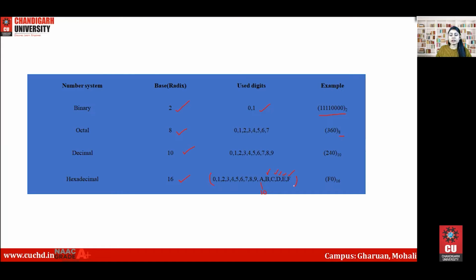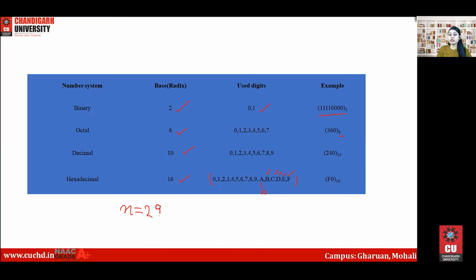Now let's understand how you can convert a number which is present in a particular number system to another. Because whenever we write anything on the system, let's suppose I'm writing a program where I took an integer variable n. I gave it a value 29.